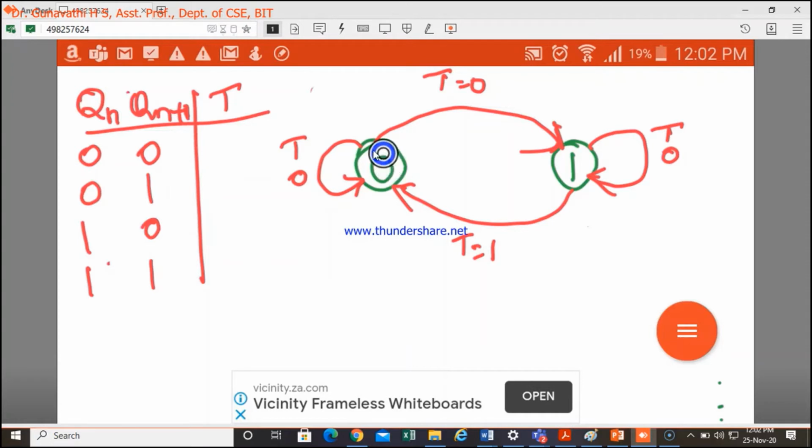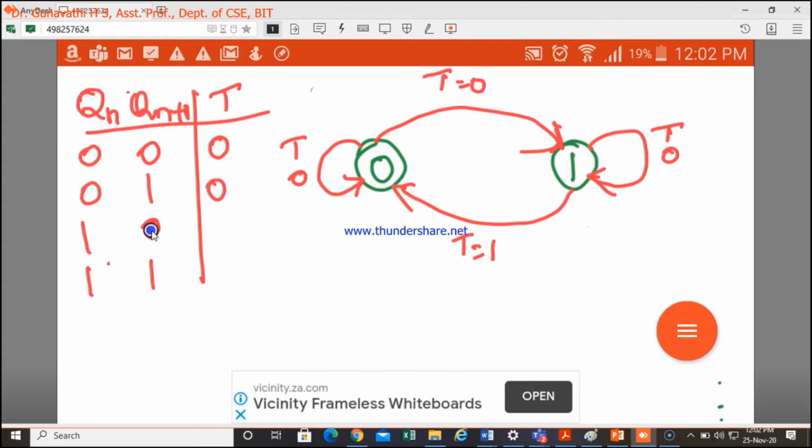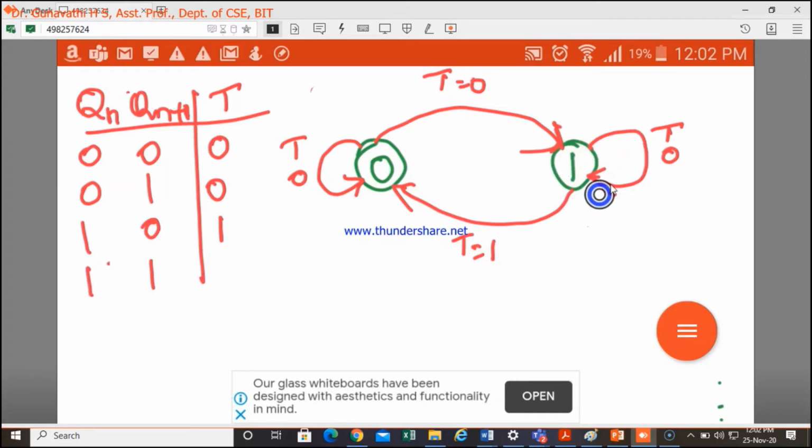Both are 0 0 0. 0 to 0 transition when it is 0, so I'll write 0 here. 0 to 1, when it was 0. 1 to 0, when it is 1, so 1 here. 1 to 1, when it was 0, so 0.